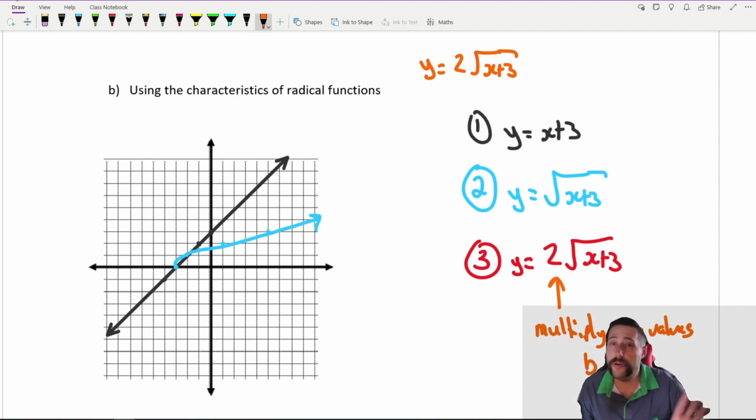The root is already done, so we're just going to take our graph that's in blue and multiply all the y values by 2. That's what our actual new graph will look like. So instead of it being at y equals 1, it's now y equals 2. This will be at 4, and this will be at 6. So this is 4, 5, 6. Still starts at y equals 0, and it creates the graph.